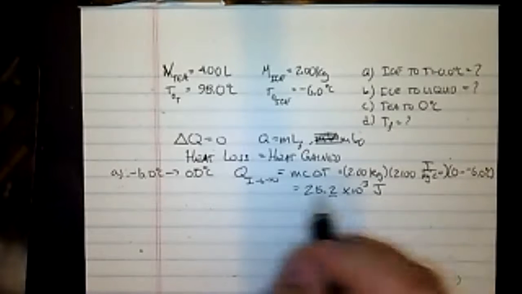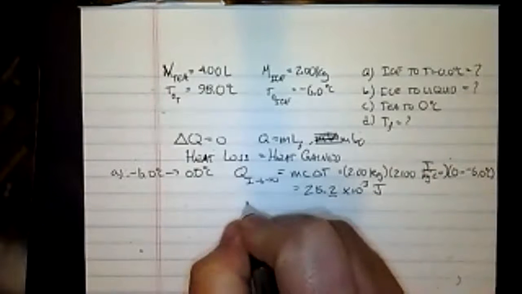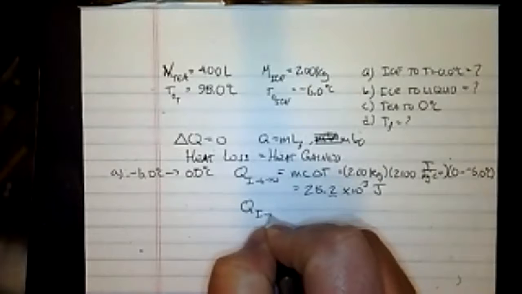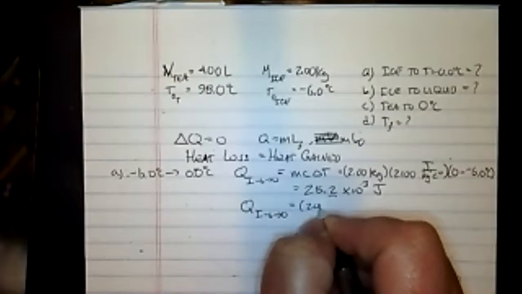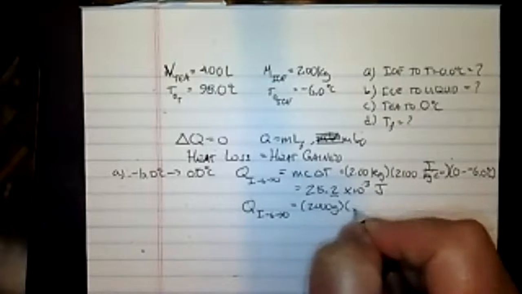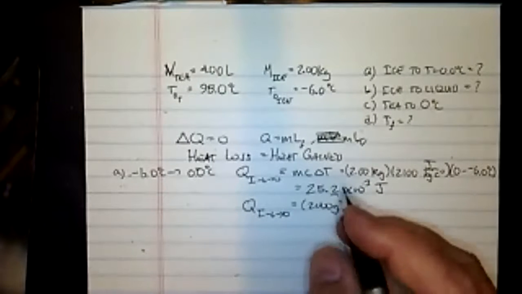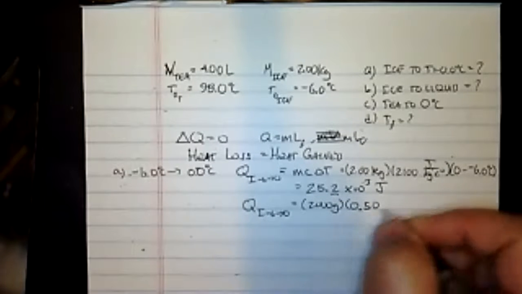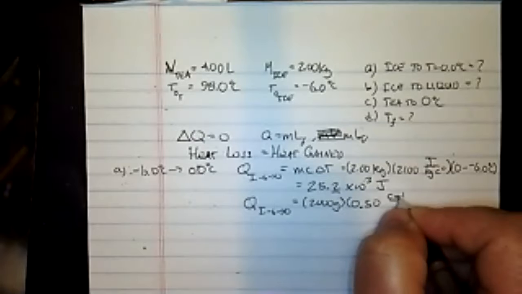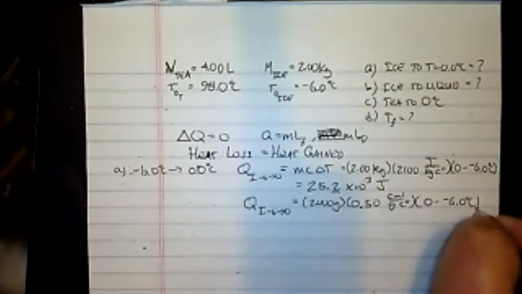Now I could just convert this to calories to get the other part of the answer, but I could also use the fact that Q ice from -6 to 0 is also equal to 2,000 grams times the specific heat of ice in calories per gram per Celsius degree, which is 0.50 calories, that's lowercase c by the way, per gram per Celsius degree, times 0 minus -6.0 degrees Celsius.